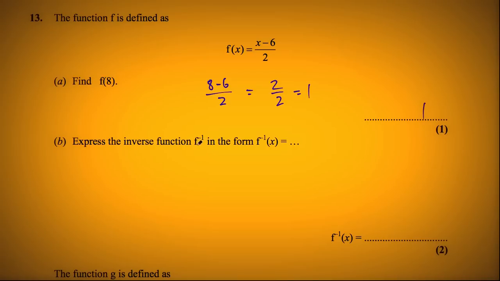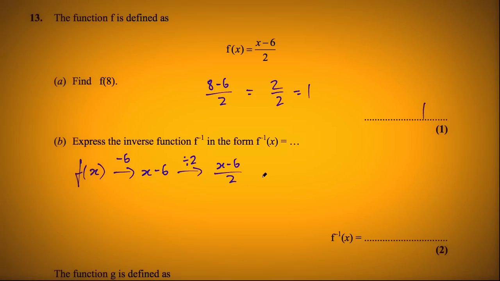Express the inverse function f to the minus 1 in the form f to the minus 1 of x equals. So, in this, I think about what's happened to the x. When I did the function of x, I subtracted 6 to get x minus 6, and then I divided by 2 to get x minus 6 over 2.